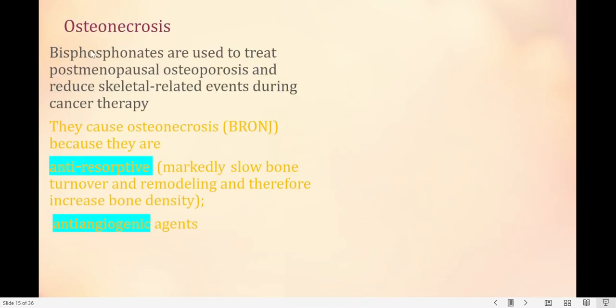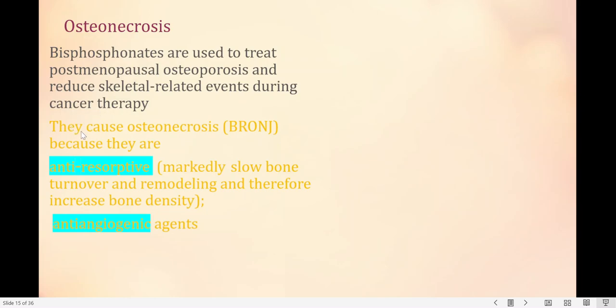A very serious complication or oral side effect of medications is osteonecrosis. And the classical example for osteonecrosis caused by medications is by bisphosphonates. These medications are usually used to treat osteoporosis, either related to the postmenopause or, for example, in some patients who take cancer therapy.